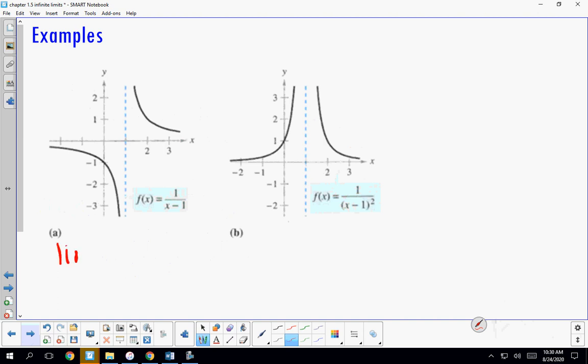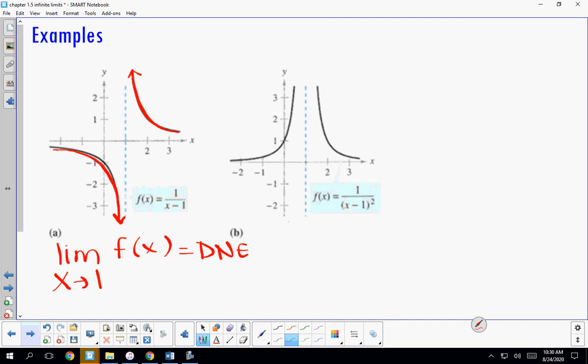If we were to find the limit, in this case, as x approaches 1 of this function, we would say does not exist. Because as we come in from the left, we go to negative infinity. As we come in from the right, we go to positive infinity.